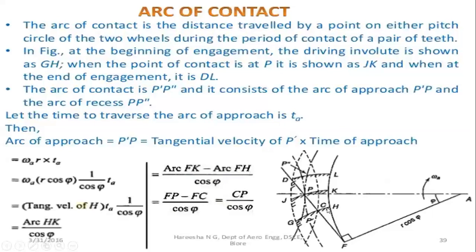This is the GH curve formed at the beginning of the engagement. When the point of contact is at P, the center point, it is at the JK position, and at the end of the engagement it is at the DL position. That is the difference according to the path of contact.